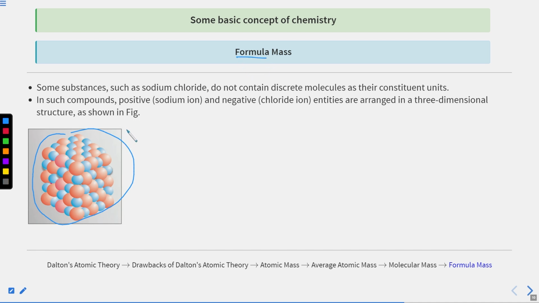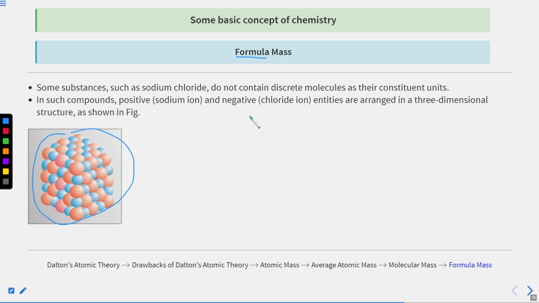This is termed as one formula unit. If you calculate the mass of an ionic compound, that unit will be called a formula unit and its mass will be termed as formula mass. But the way of calculation is the same.